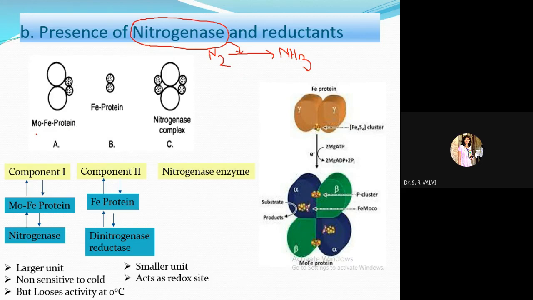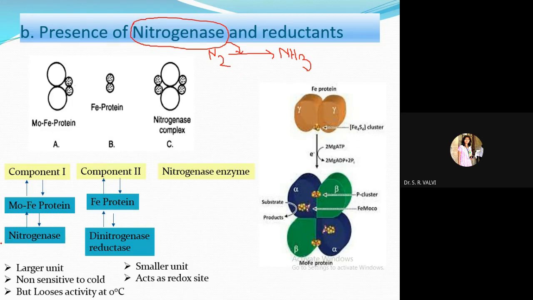Mo is nothing but molybdo, Fe is nothing but ferro. Molybdoferroprotein is called component 1. This is also called MoFe protein, or nitrogenase.